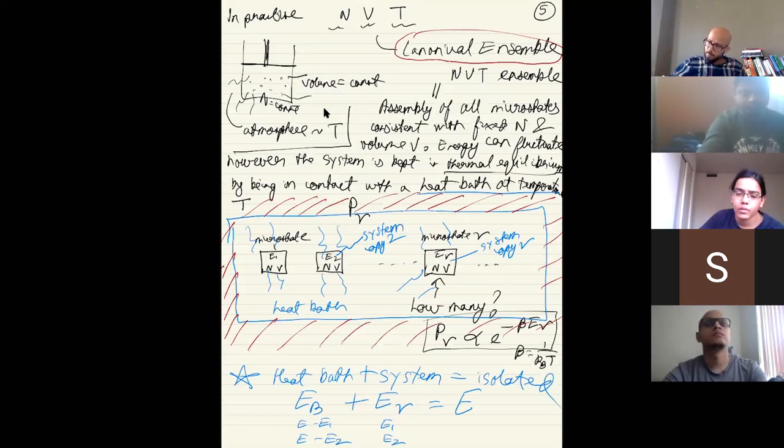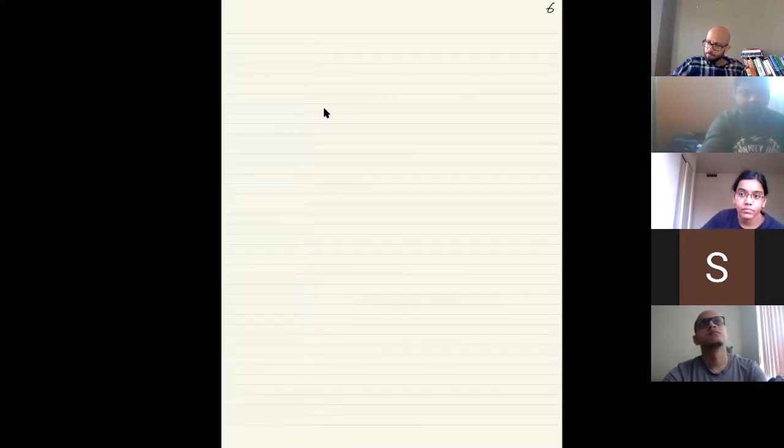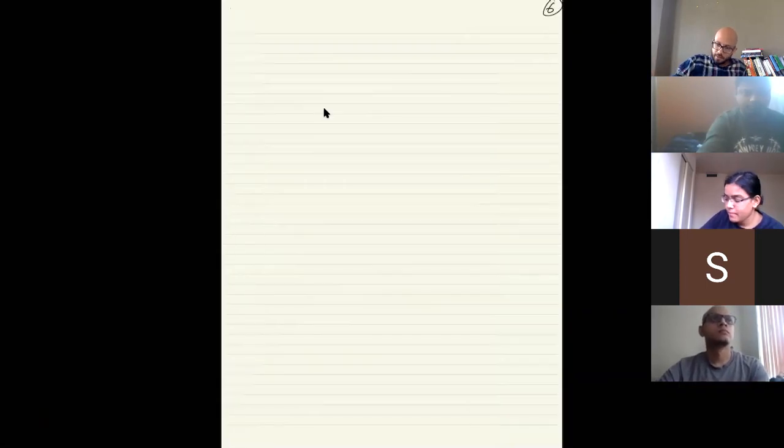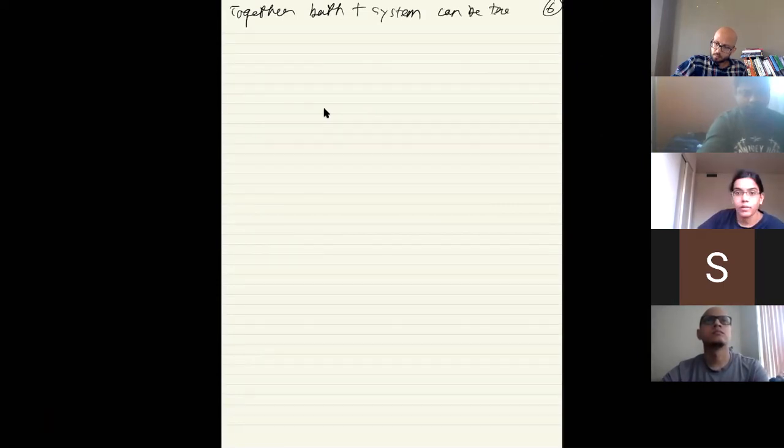So together, the heat bath and the system can be treated as a microcanonical ensemble. That's the key idea. Together, bath plus system can be treated like a microcanonical ensemble.